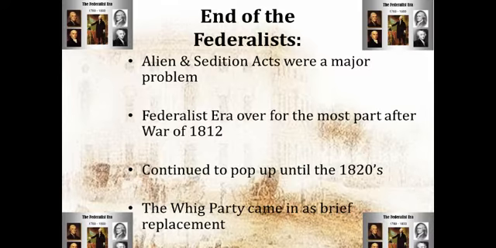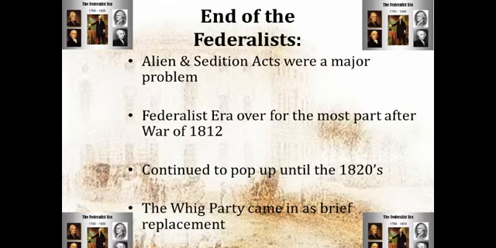What really does them in, as you'll learn about in video number 3, is what they did during and immediately after the War of 1812. That was a major, major boo-boo that the Federalists made, and it was basically going to destroy their party. They continued to pop up a little bit until about the 1820s, but then they're done.